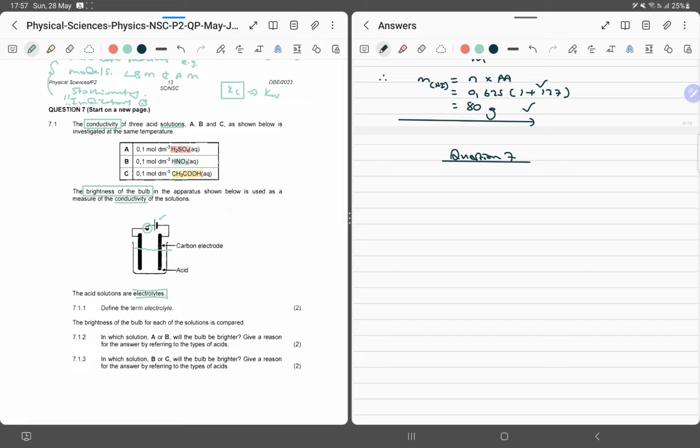Again, easy marks. So we've got 7.1.1. An electrolyte basically is a solution of ions, or an ionic solution.